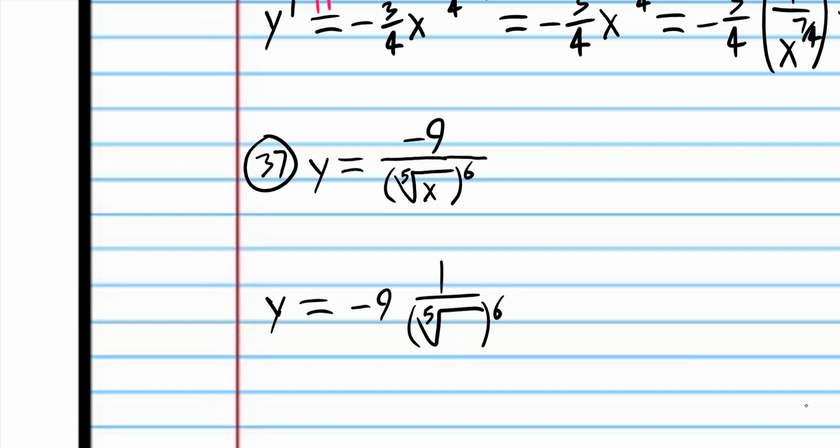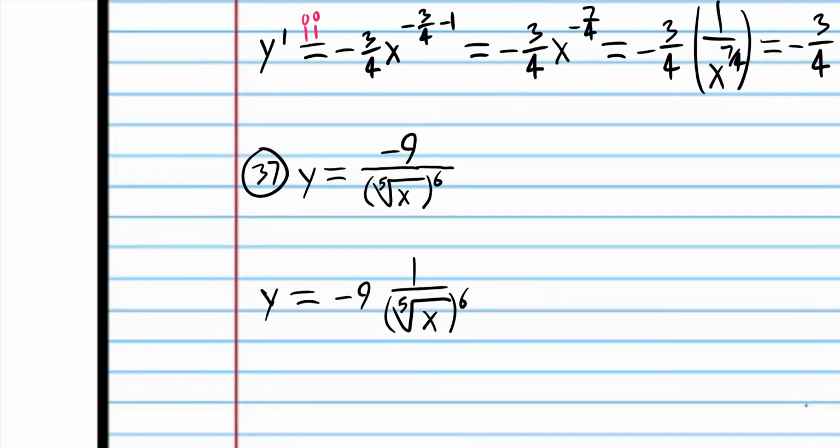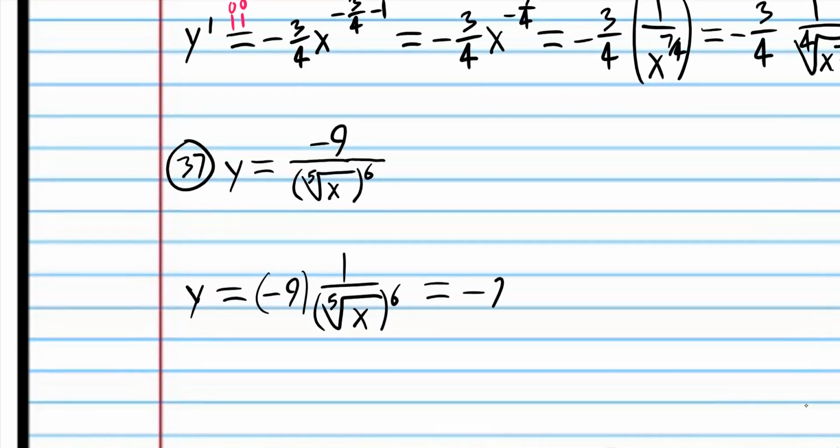So we're just changing the form of the expression. And then we're going to use exponent rule number 10 to change that to 1 over x to the 6/5.